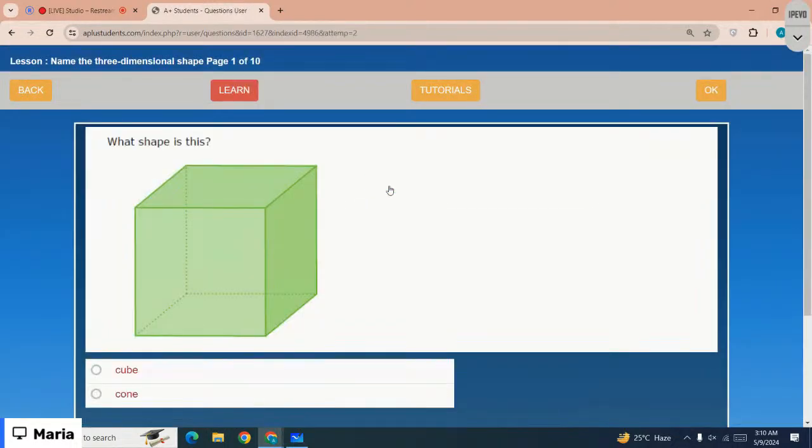Okay, what shape is this? Is this cube or cone? Which is the correct option?